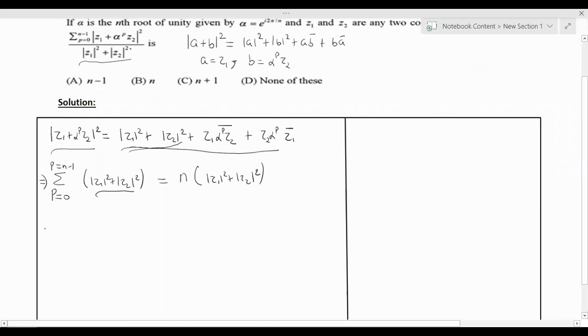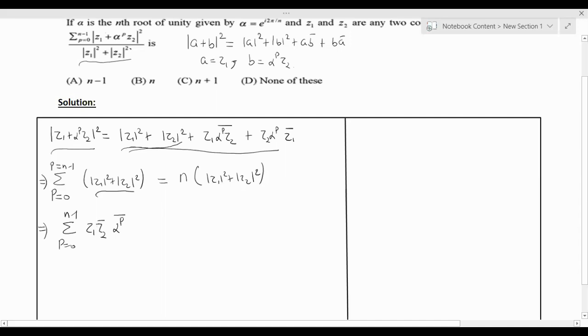So when you move to the third term, what is the third term? You have z1 alpha power p z2, and I'm applying the summation. Again p goes from 0 to n minus 1, so you will have z1. Observe this carefully, z2 also does not have any dependency, so z2 conjugate I'm writing separate from the term alpha power p whole conjugate.